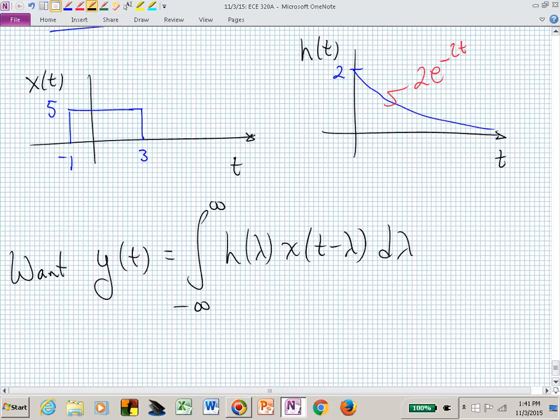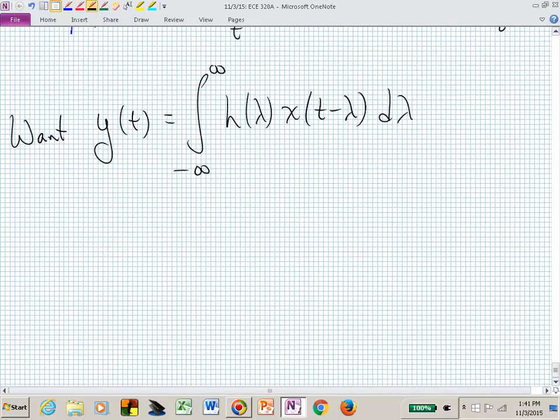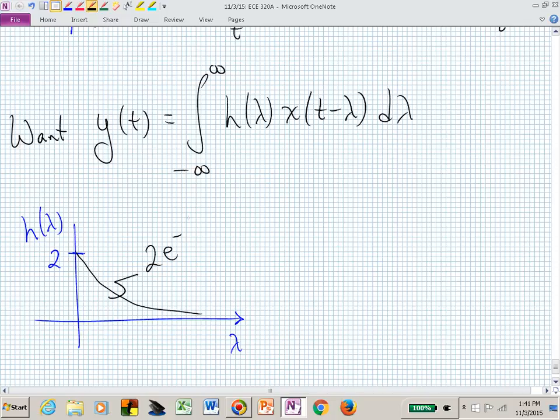That's about as easy as it gets. So we now know h of lambda. H of lambda in this integral is going to look just like h of t, except now it's a function of lambda. This is now 2, and this will be 2e to the minus 2 lambda. That's h of lambda.